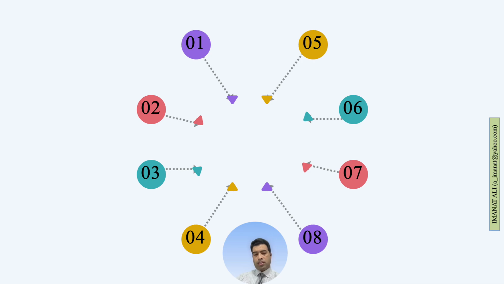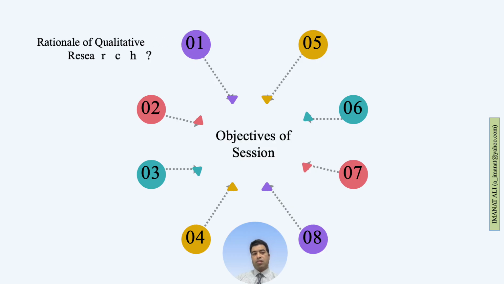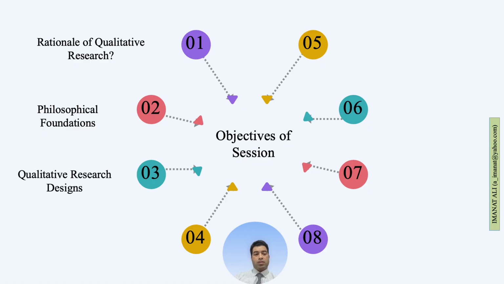So today in this session we are going to discuss the following objectives. First, rationale of qualitative research: why and how qualitative research is conducted, why someone chooses qualitative research. Then we will discuss the philosophical foundation of the qualitative methodology. After that, qualitative research design: what research design can be used in qualitative research.